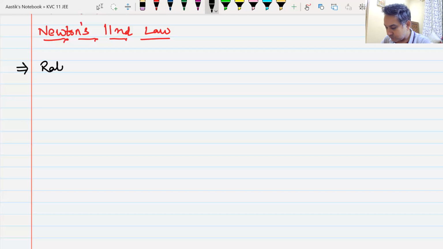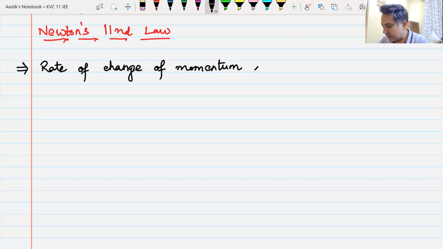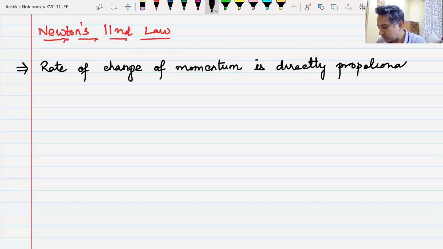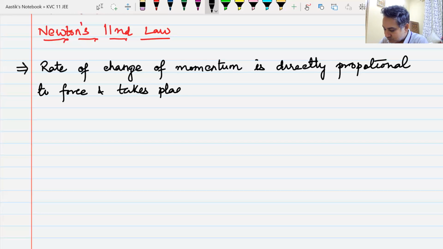Rate of change of momentum is directly proportional to the force and takes place in the same direction as force.